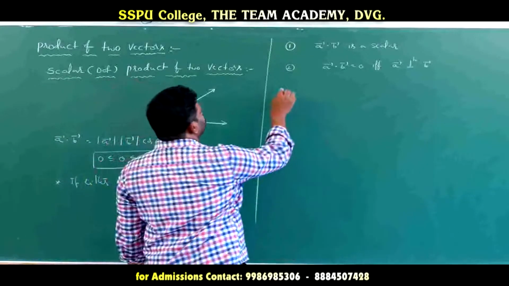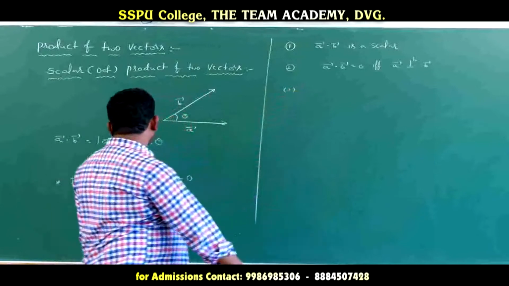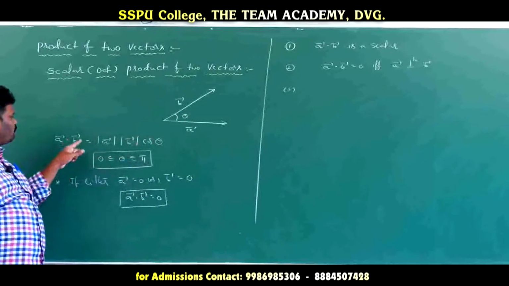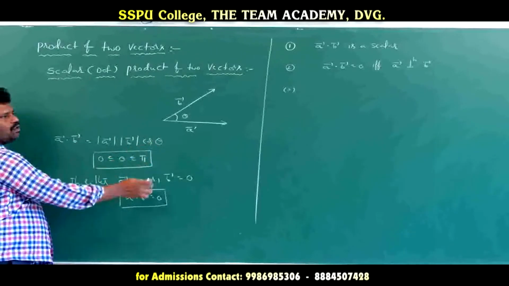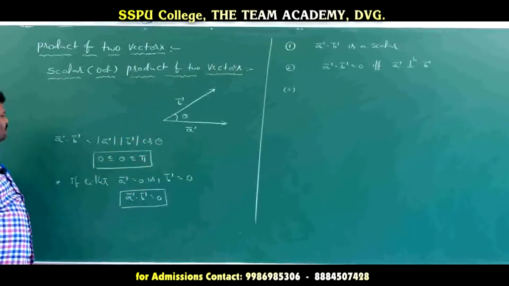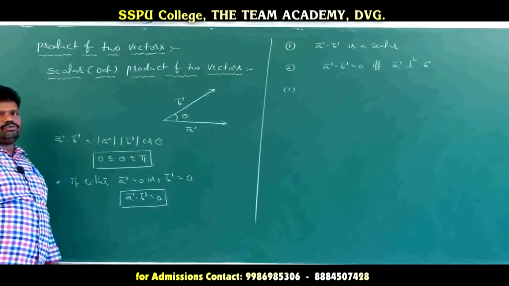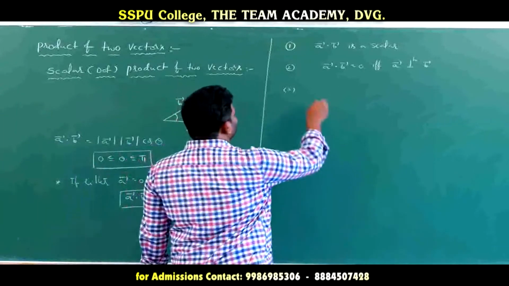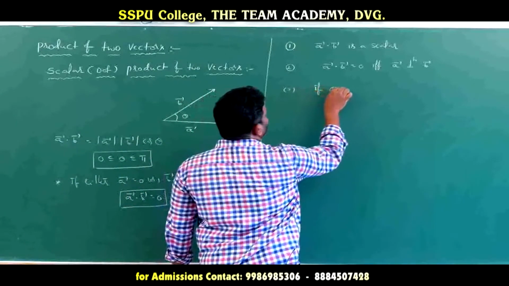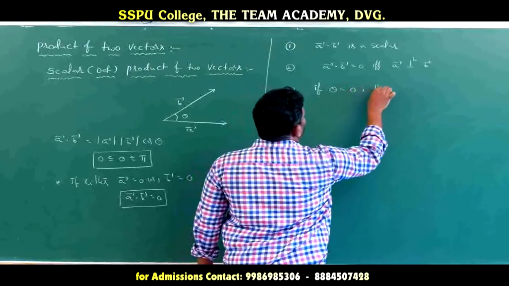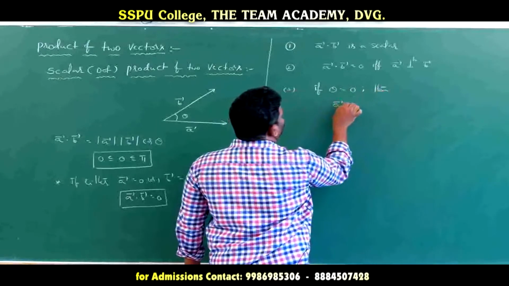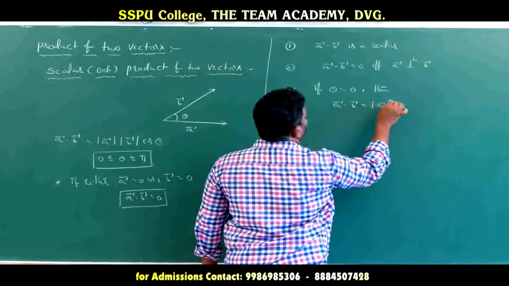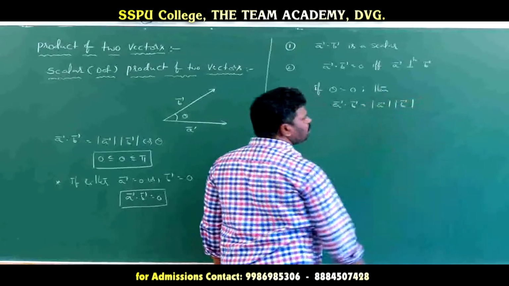Next, the third point. In that definition, suppose theta is equal to 0. What happens here? Cos 0 is equal to 1, so A bar dot B bar is equal to magnitude of A into magnitude of B. So the third point: if theta is equal to 0, then A bar dot B bar is equal to magnitude of A bar into magnitude of B bar.